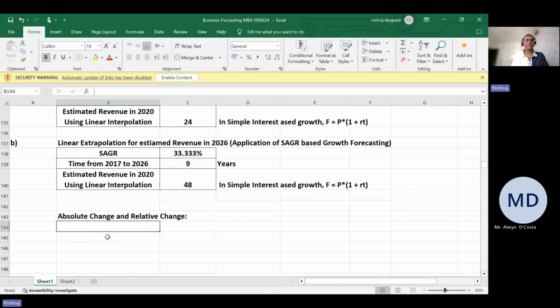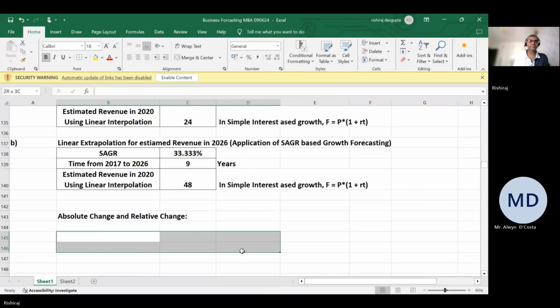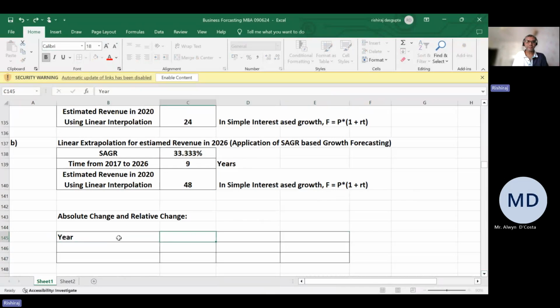Suppose the given data is like this: this is my year, this is my revenue, this is my absolute change, and this is called relative change, also known as percentage change. Both are the same, relative change or percentage change.